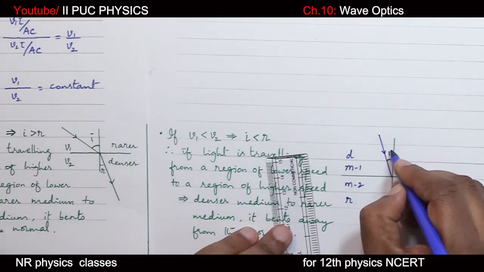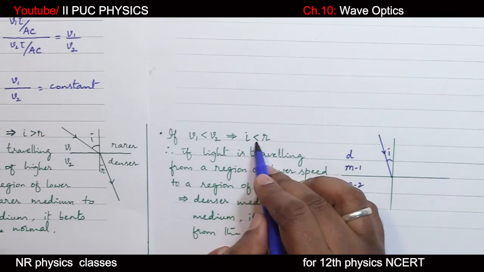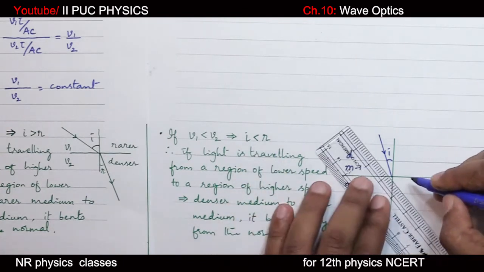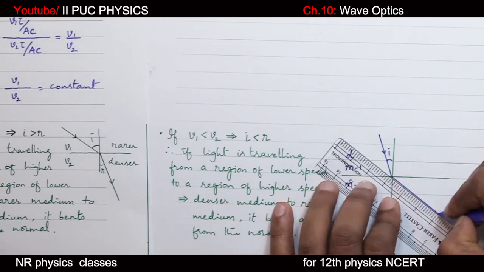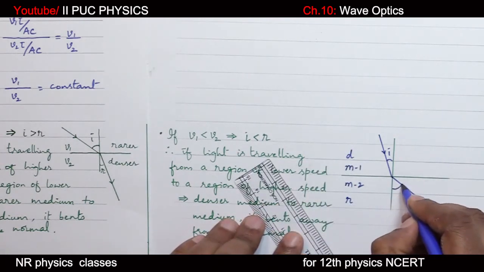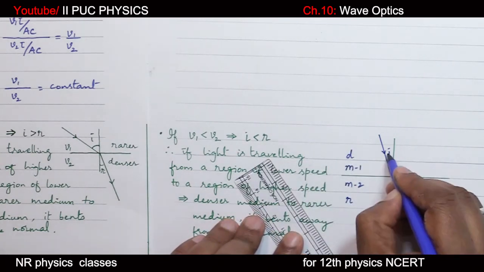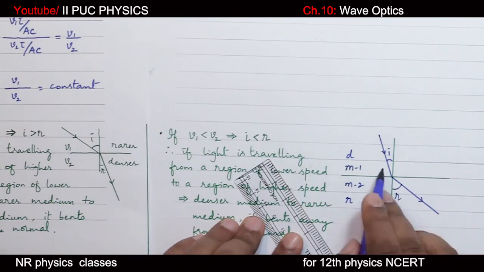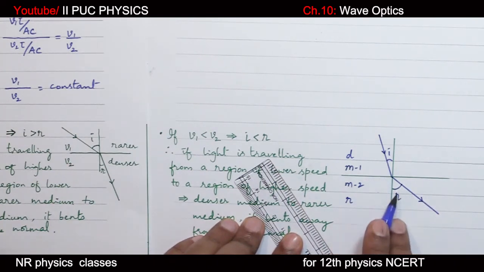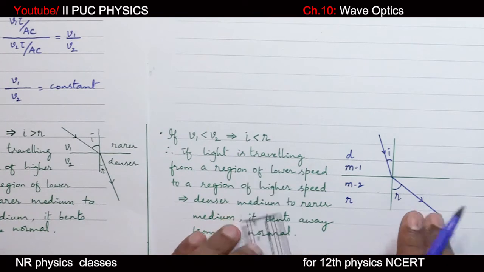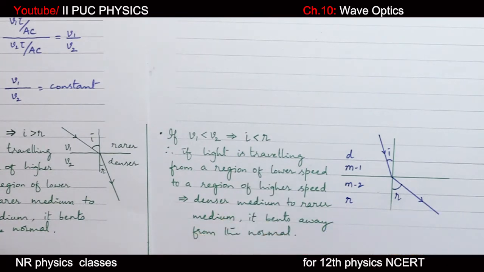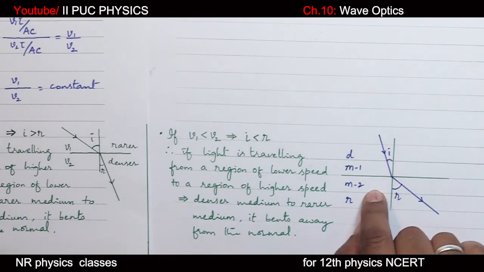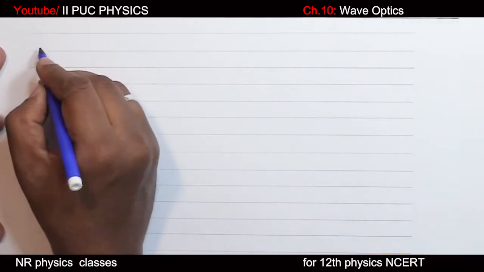Angle of incidence should be less than angle of refraction. So angle of refraction should be more. Look at this, R. R is greater than I. So naturally, the ray after refraction bends away from the normal. That is this point. We have studied this in ray optics, isn't it? Now we have proved it. Next point.